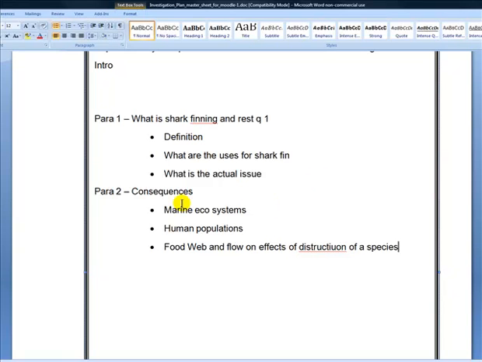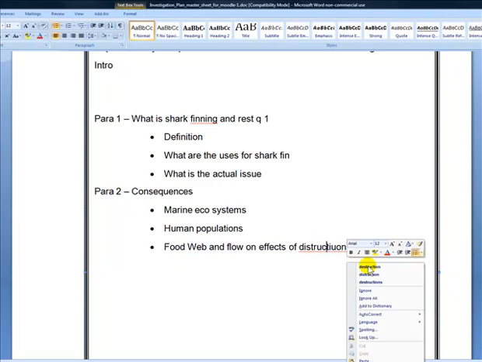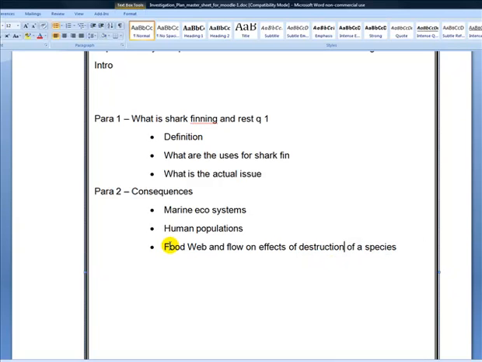So in my second paragraph on consequences, I'm going to look at the marine ecosystems. So more specifically, a shark is on top of the food chain. It's caused the development of other fish to blah blah blah blah blah. I don't need to go into it.